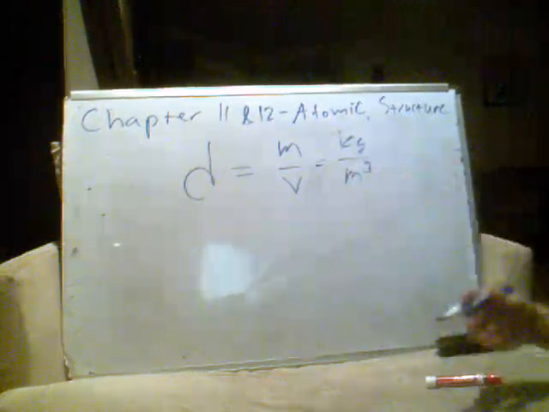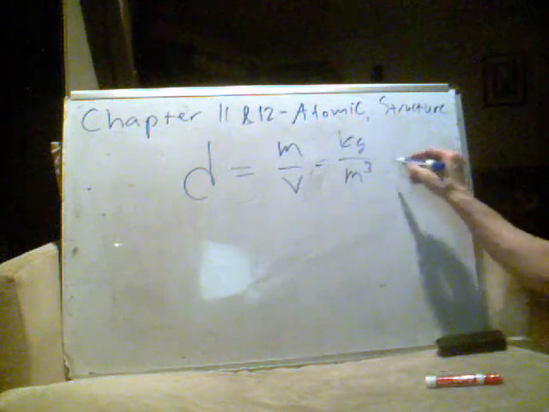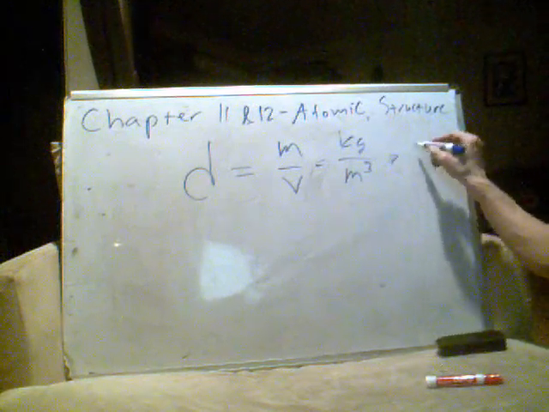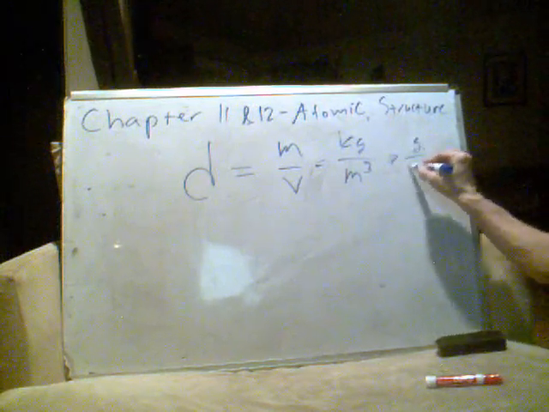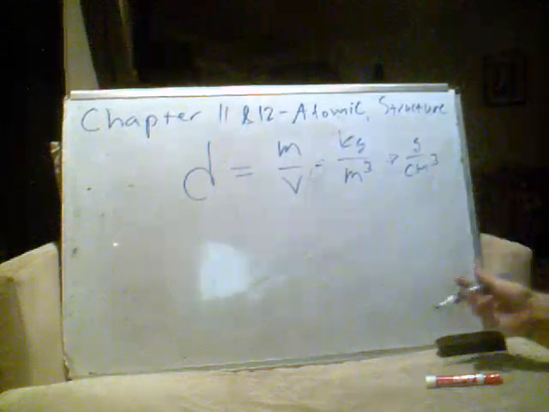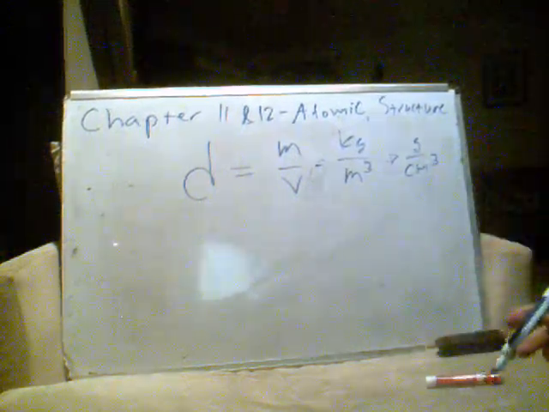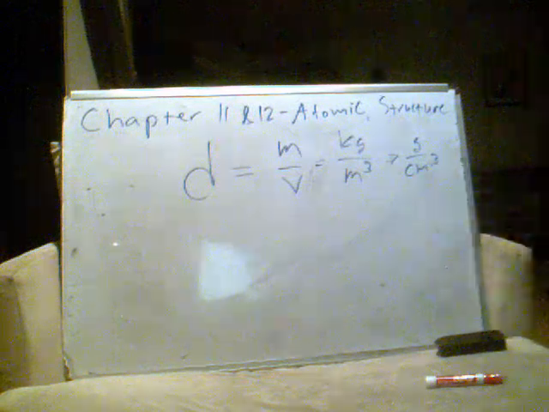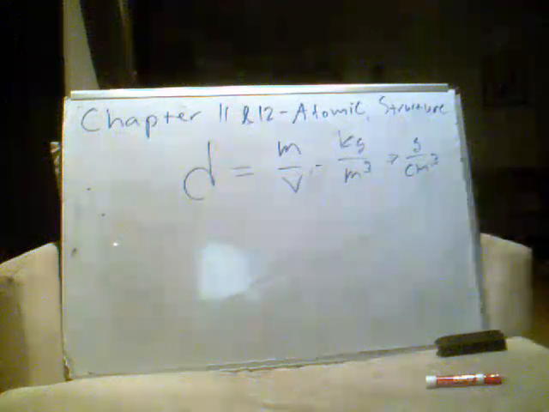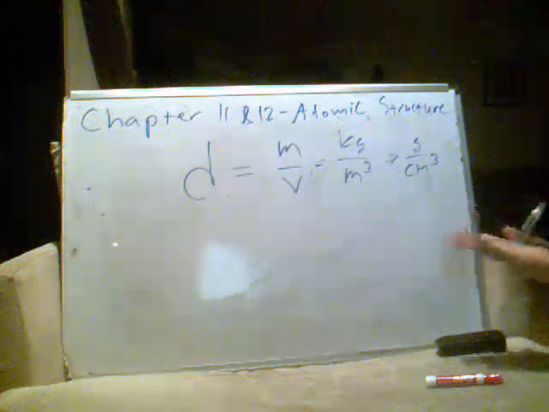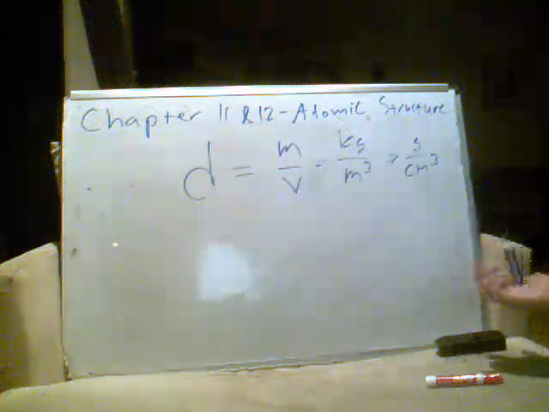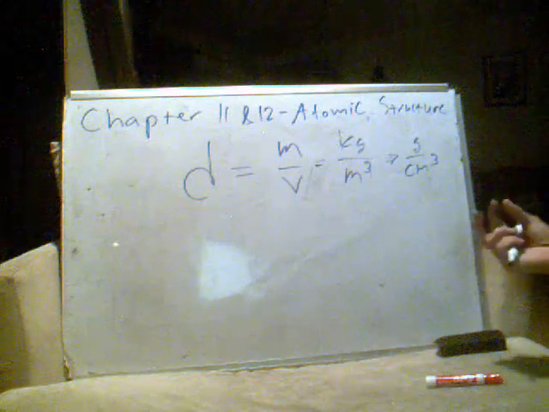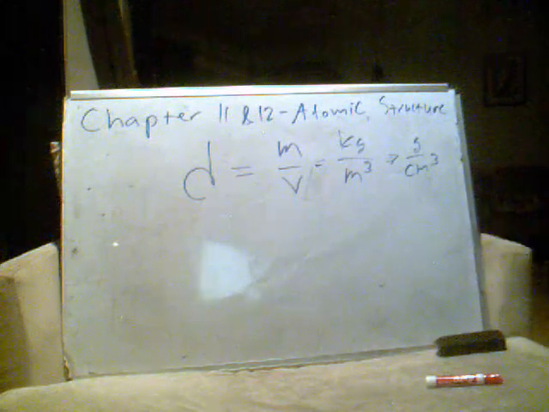Although kilograms per cubic meter is usually huge, so sometimes we use something like grams per cubic centimeter, right? And that's actually where we get the old definition of both the gram and the cubic centimeter, because 1 gram of pure water at room temperature should occupy the volume of 1 cubic centimeter, which is not a lot.